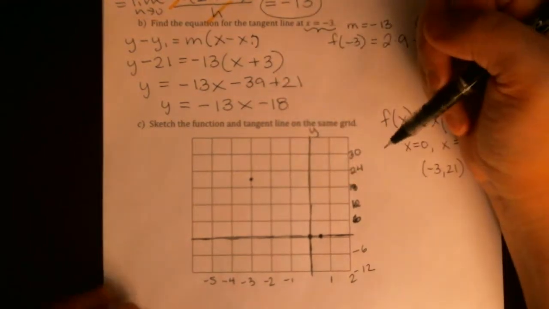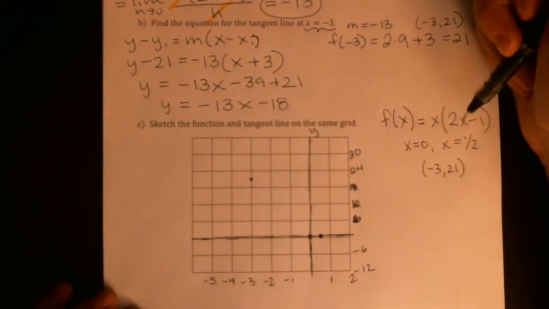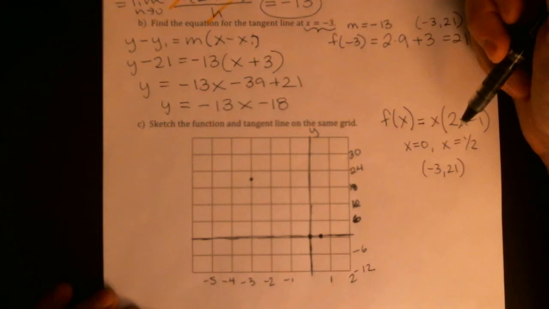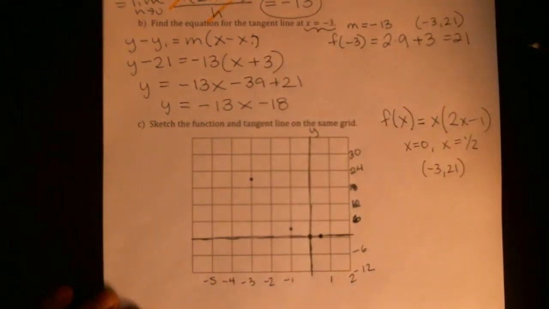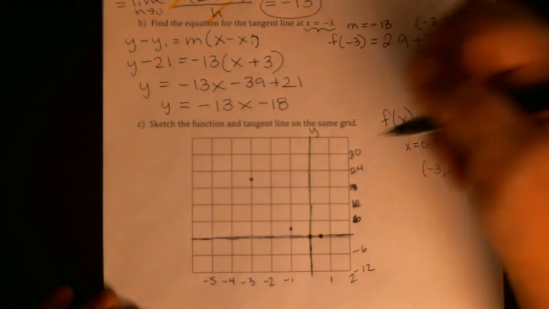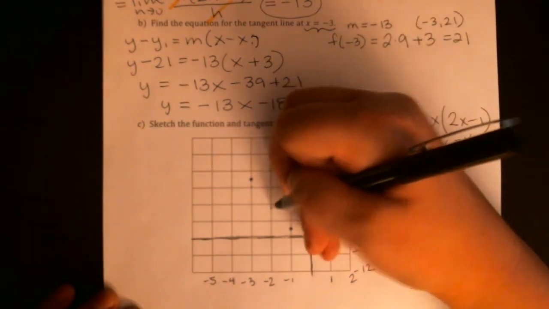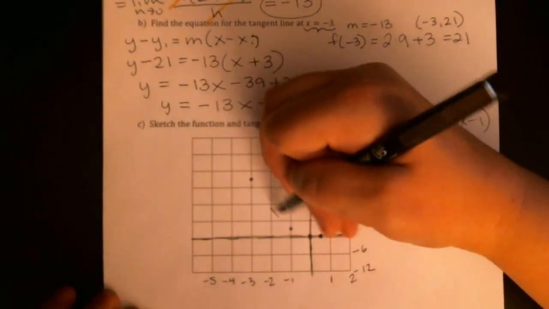Okay, let's see. I'm going to get 1 or 2 more points because I feel like this is going to look funky. If I plug negative 1 back into that thing, I get 2 times 1 plus 1. So (-1, 3) is on there. And if I plug in negative 2, I get 8 plus 2 is 10. Okay. I think I can at least do a decent job with that.